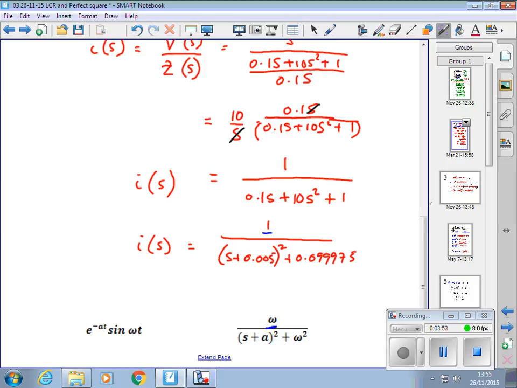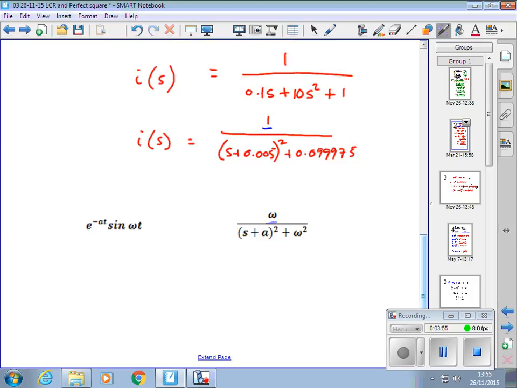And so what we do now is we say, okay, let's find out what omega is. So omega is the square root of 0.099975.